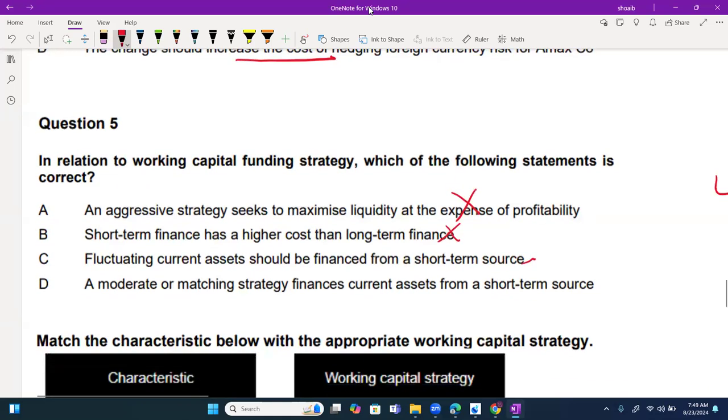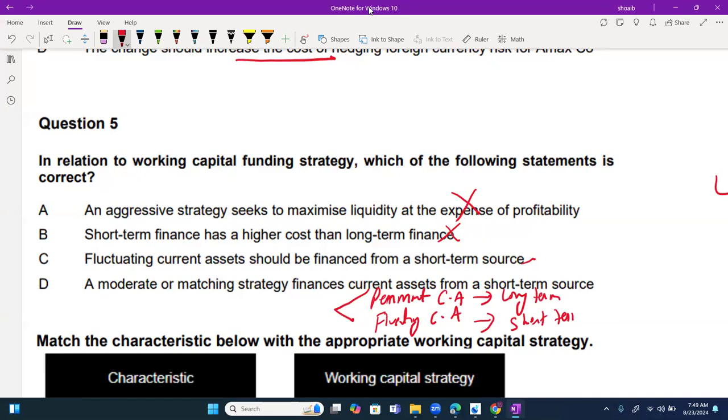No. In a moderate or matching strategy, you will divide assets into two parts: permanent current assets and fluctuating current assets. Permanent current assets should be financed with long-term, and fluctuating current assets should be financed with short-term. That is a matching policy. Moderate policy. Okay, C is the answer.